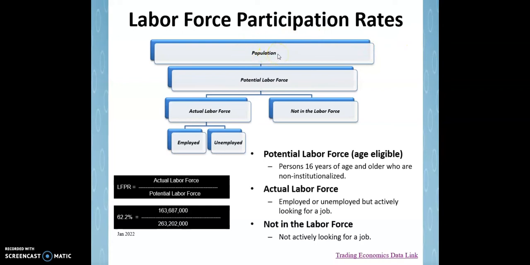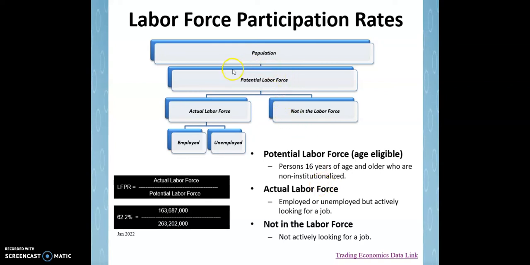That's everyone. That includes children and retired people and everybody alive in the U.S. Break that down to the potential labor force. The potential labor force is the part of the population that is age eligible to work. Generally speaking, you have to be 16 years of age or older and not in an institution. That is really prison or a hospital.